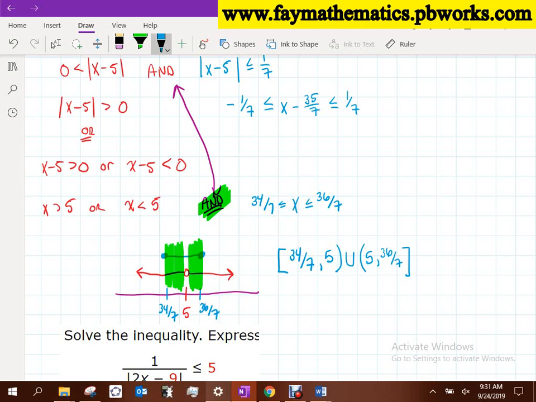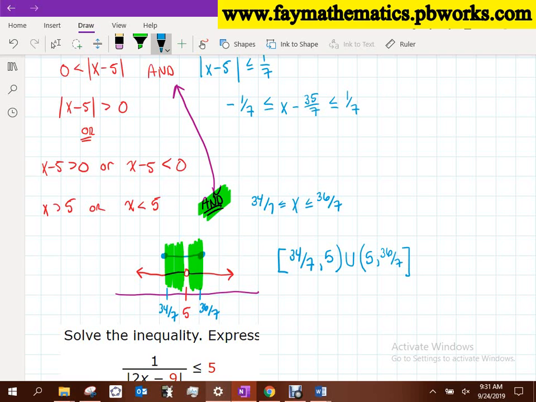Why is it union and not the intersection? Okay, so that's a good question. So the intersection that you're wanting to put there is what we use to get this green stuff, your overlap. So we're saying that this interval here and that interval there, those are the only two things that are solutions.